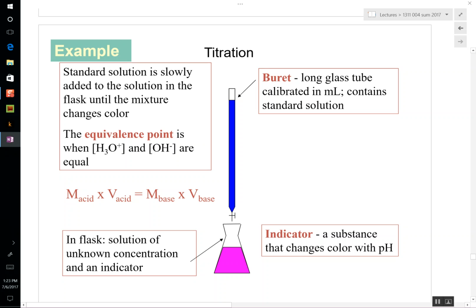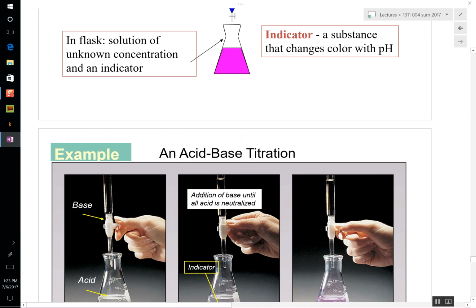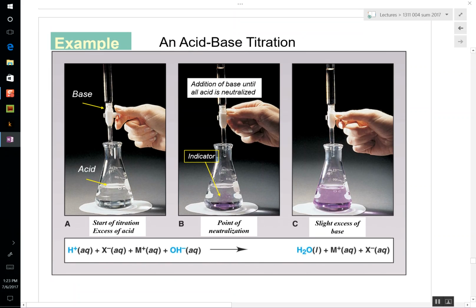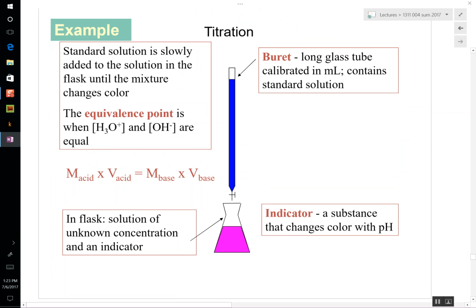I should have brought a burette over here, but there's a little diagram here. There's your Erlenmeyer flask, and here's your burette. In this particular case, we're putting the base in the burette, and we're trying to figure out the concentration of the acid.